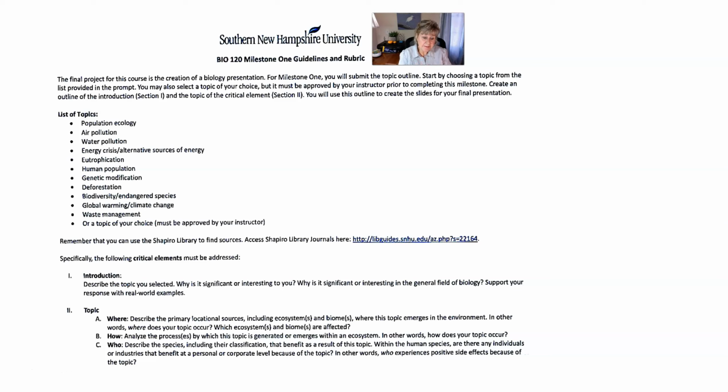Also, the topic, where does this happen? So if you're talking about global warming, duh, it happens throughout the whole biosphere. It affects the whole biosphere. But if you're talking about eutrophication of a pond near you, what you would say is that this affects this particular pond, whatever the name of it is, the water ecosystem here, but also the plants surrounding that ecosystem.